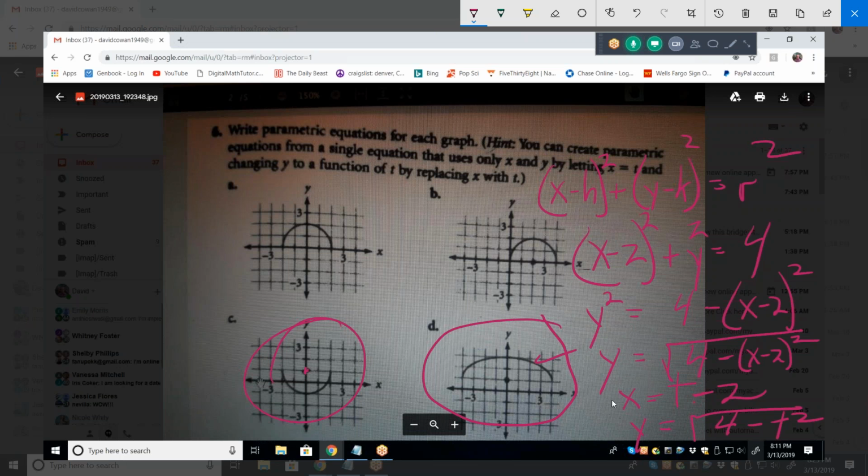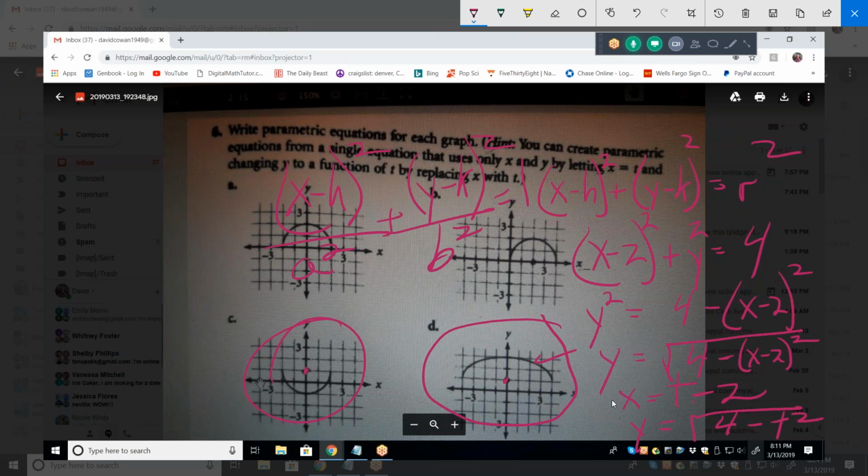It's an ellipse with the center there, and the equation of a horizontal ellipse is (x minus h) squared over a squared plus (y minus k) squared over b squared, all equal to 1.